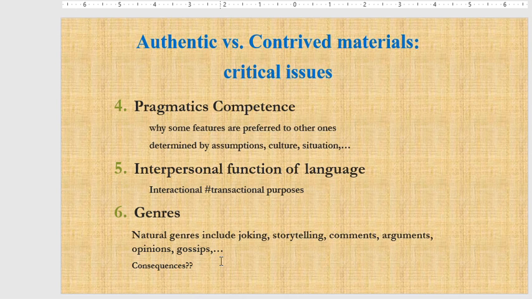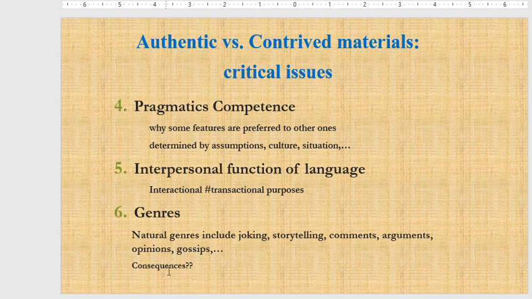But in contrived materials, only the form, the appearance is common, or the content is common. But the moves, the steps, the functions, or the grammar are not what they should be.